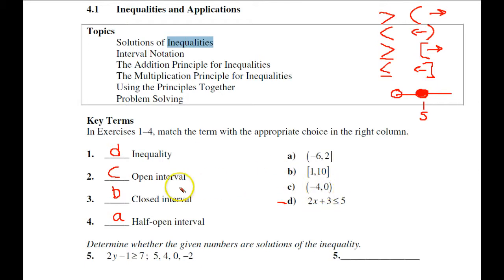And B would be the closed interval, where we use brackets, here indicating the 1 is in the set, the 10 is in the set, and everything in between. And then half open, again, makes sense. We have one side with a parenthesis, one side with a bracket. So -6 is not included, but 2 is included in the sets.